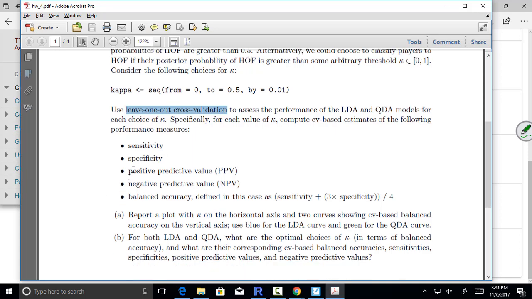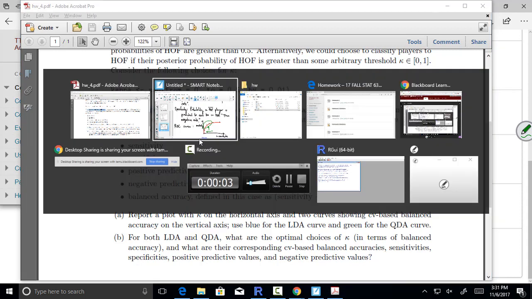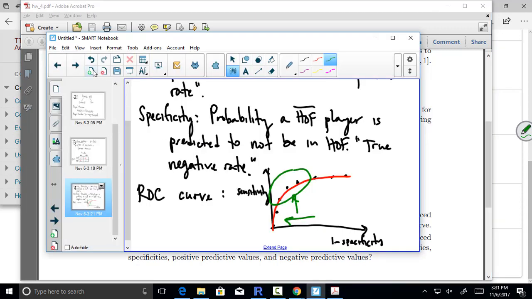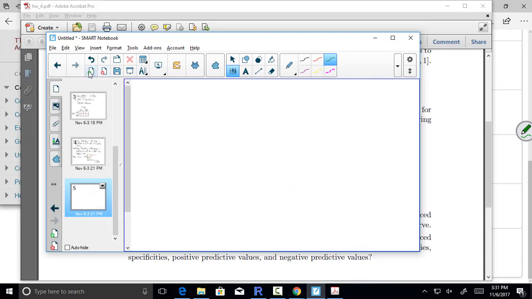Just to fill in the remaining blanks with these error rates, I have sensitivity and specificity. I just defined those on the whiteboard. There's also positive predictive value and negative predictive value. You can Google those or go to Wikipedia. They're comparable to sensitivity and specificity, but they're kind of like the Bayesian analogs of them.